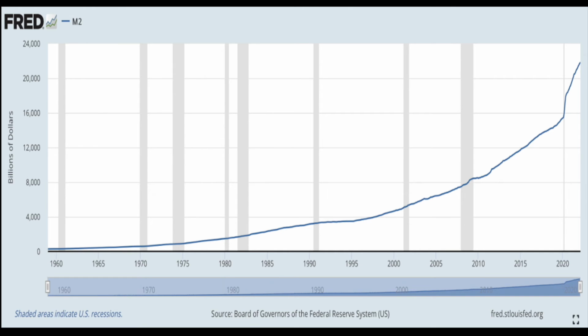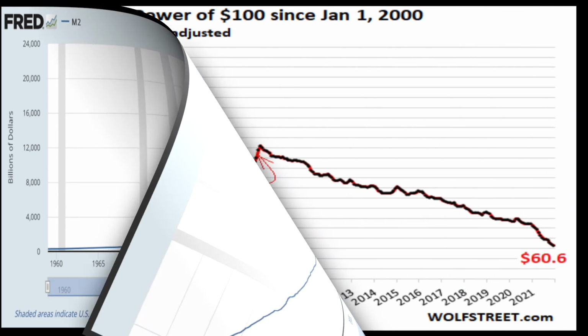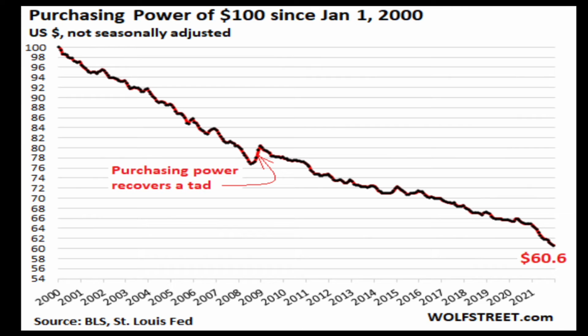In 2000, with that $100 you could only buy, in 2021, $60 worth of goods. So you've lost 40% of your purchasing power had you not spent it in 2000. This is a huge erosion of the value of your savings.